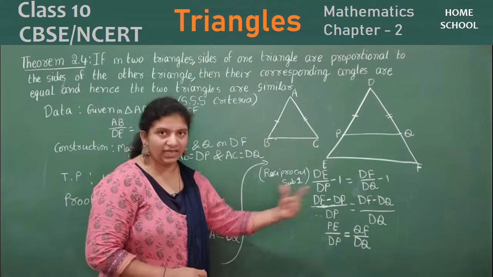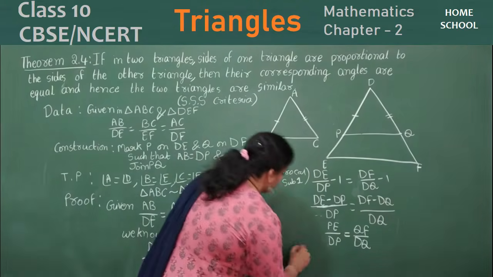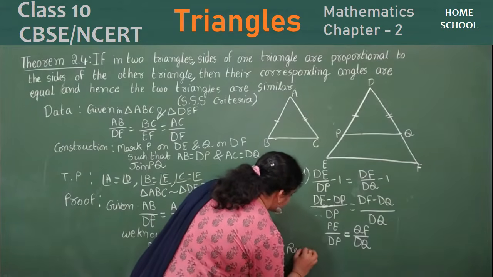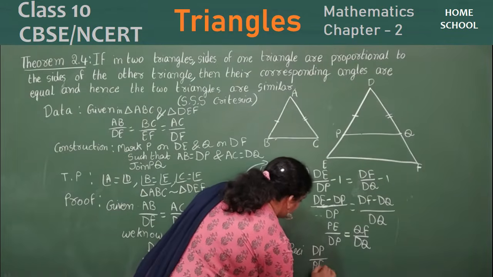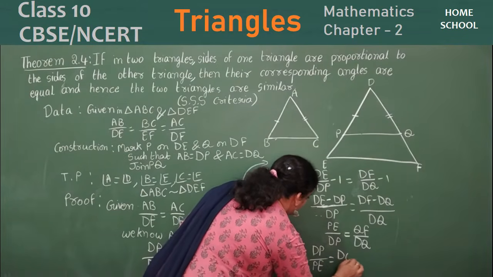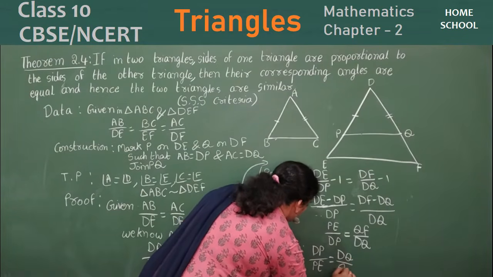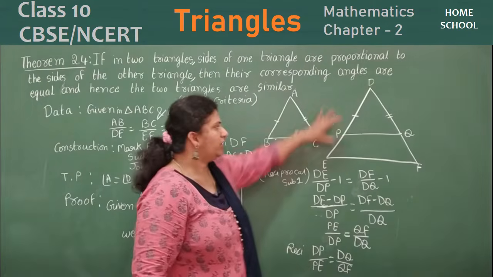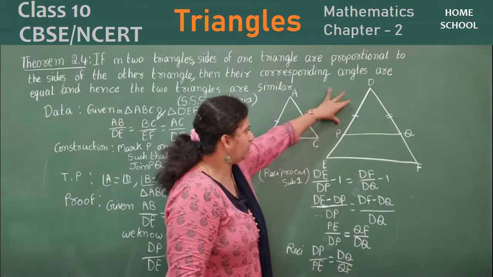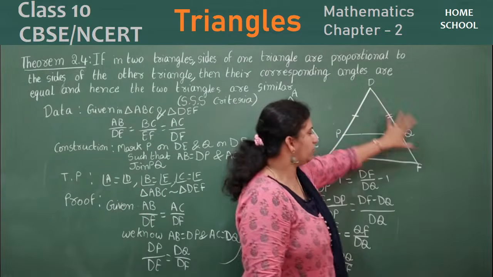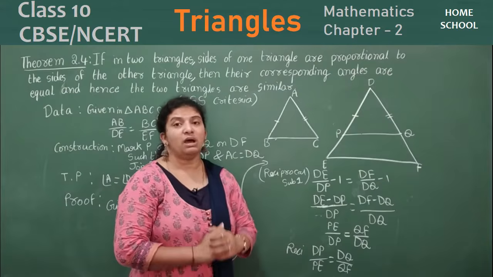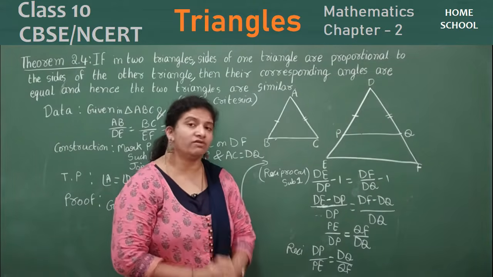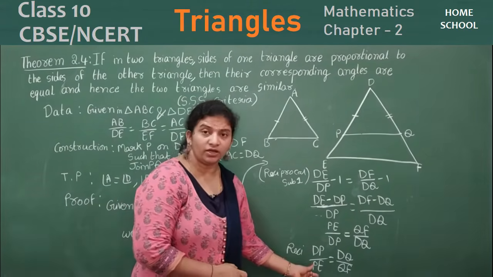So now again do the reciprocal. What are you going to get? Again reverse this. That means DP by PE is equal to DQ by QF. So DP by PE is equal to DQ by QF. What will you remember here, children? By the converse of BPT. Now what have I got here?